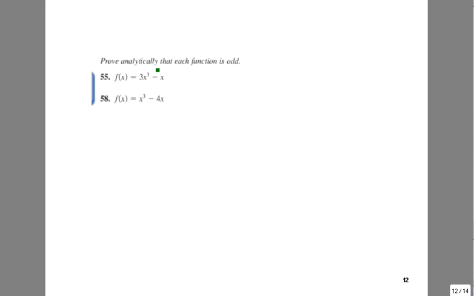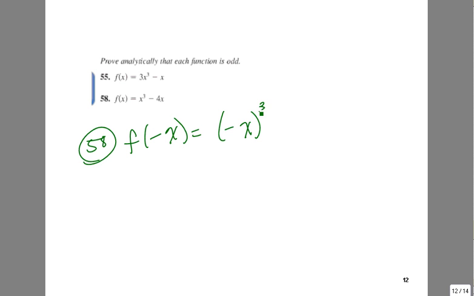Prove analytically that each function is odd. Well, like in number 58, what I'd have to do is plug in negative x. So if I plug in negative x where I see the x, this one you have to think, negative to an odd power is negative, so that would be a negative x cubed. Negative 4 times negative x would be plus 4x.